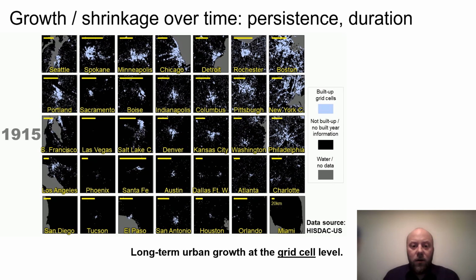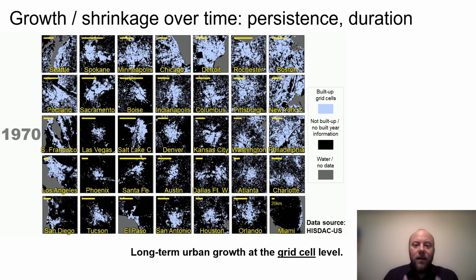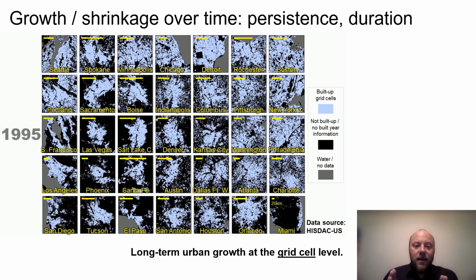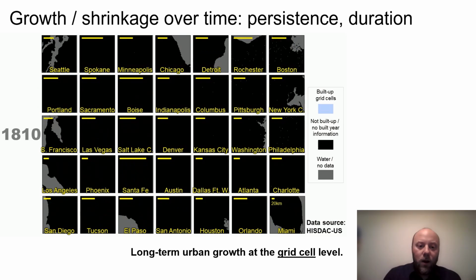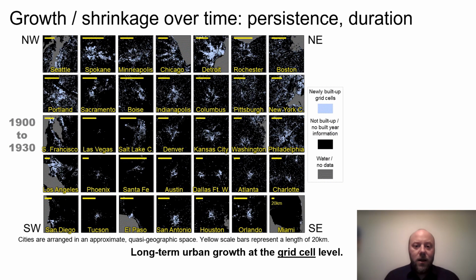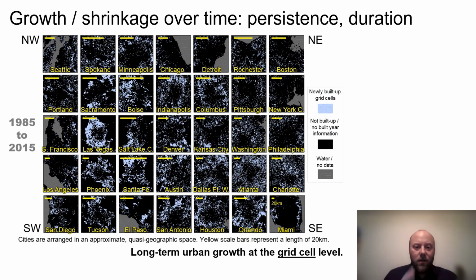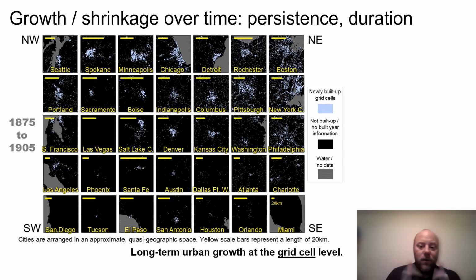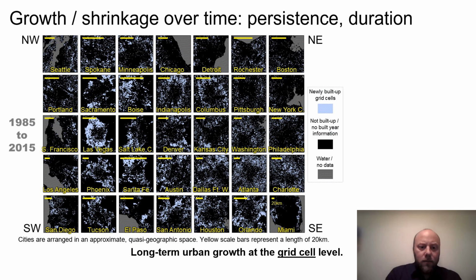So I don't want to show this again, but I'd like to emphasize that we can not only look at the size of a city in each year, or visualize the current state at each point in time, we can also visualize change. So we can visualize, for example, in this case, the newly built up areas within moving windows, right? I think these are 30 year moving windows.